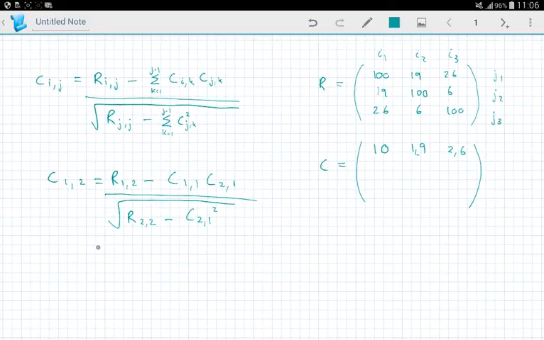Which means our value is going to be R12, that's 19, minus C11 and C21. C11 is 10. C21 is 19. Okay, just as well we did it that way and not down, because otherwise we would not have had those values.